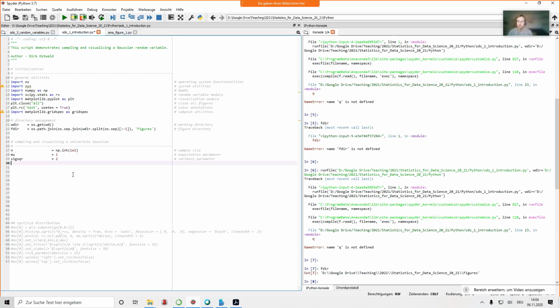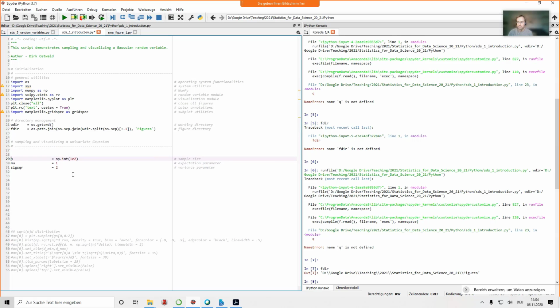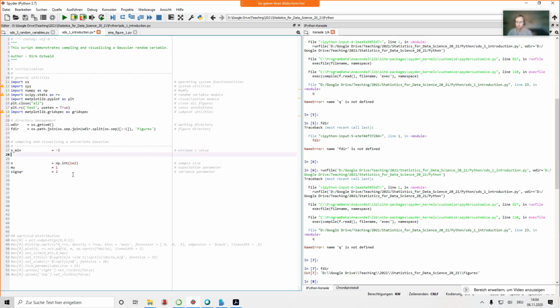So if we want to visualize the PDF, it is of course a function of the outcome space of the random variable. So let's set up the outcome space. So we set up a minimum x value that we're interested in. So for example, -3. Minimum x value, maximum x value, let's say 4.